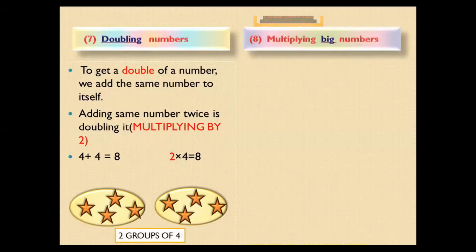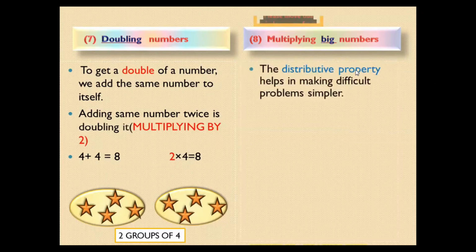Okay, the eighth fact: multiplying big numbers. The distributive property helps in making difficult problems simpler.